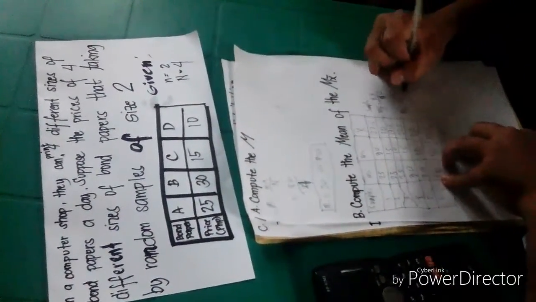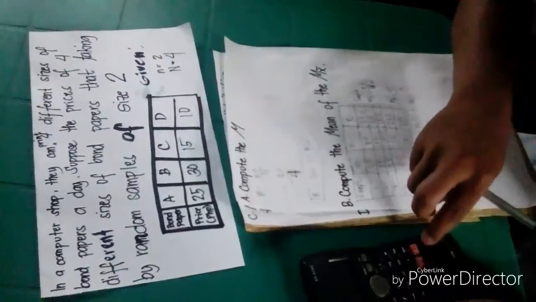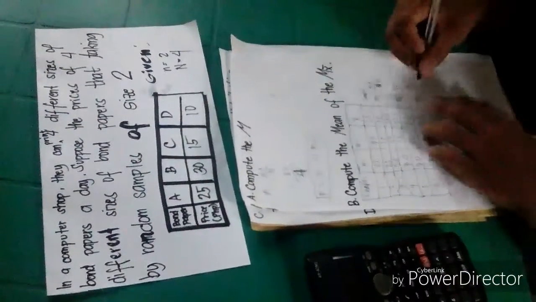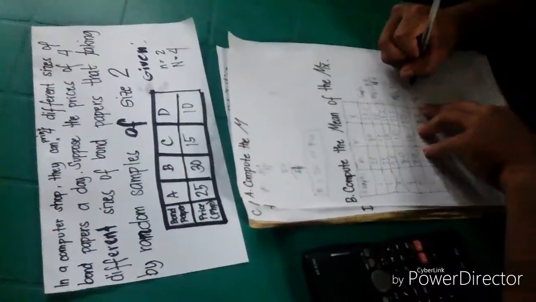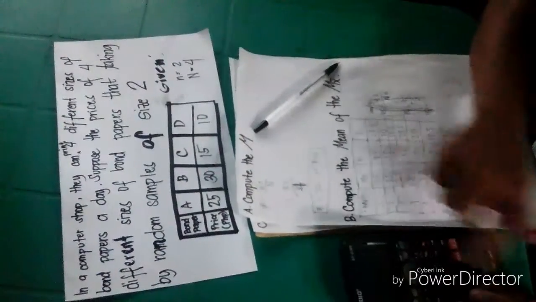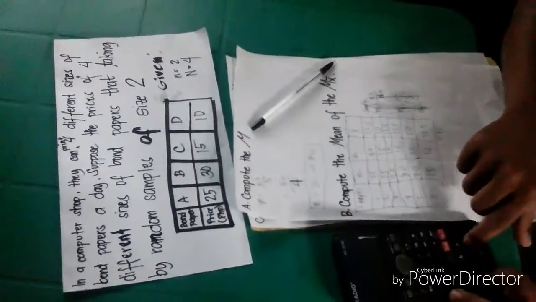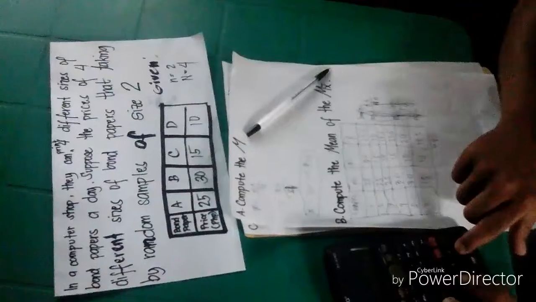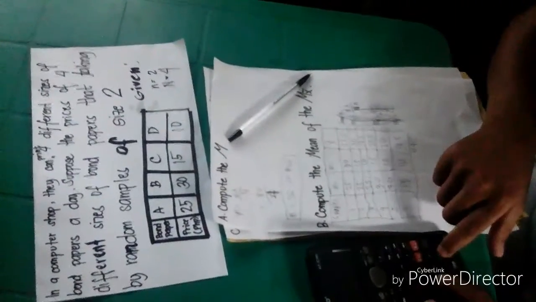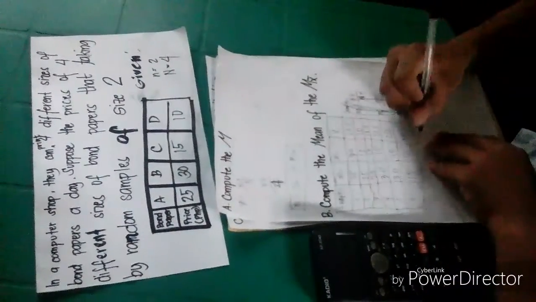Then solve: 45 divided by 6 equals... then compute all of these: 27.5 plus 27.5 plus 20 plus 17.5 plus 22.5 plus 20 plus 12.5. Then you got 120 divided by 6.